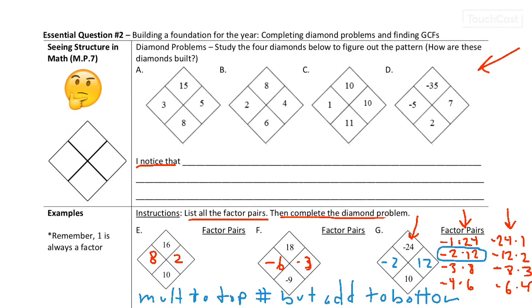That's what we're doing with these diamond pairs. Hopefully this was a good review. If you've never seen this before, it's kind of just putting a mathematical puzzle together. Again, we want to multiply to the top number, but also add to the bottom number. And whatever 2 numbers do that, that is what I call a magic pair.